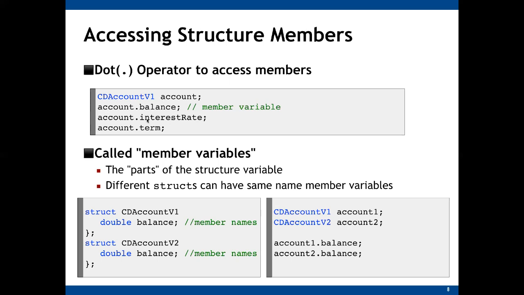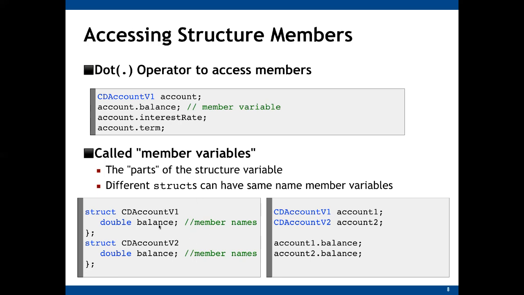And 2 different structures can have the same member name. We cannot declare the same name for an identifier, but we can have the same member names. So here we have 2 members with the same name, balance, but this is syntactically correct.